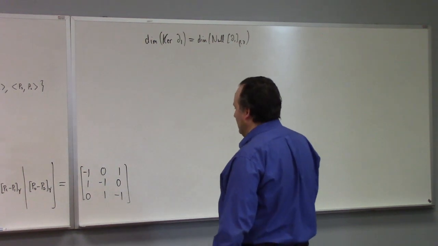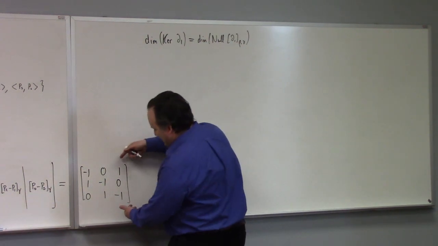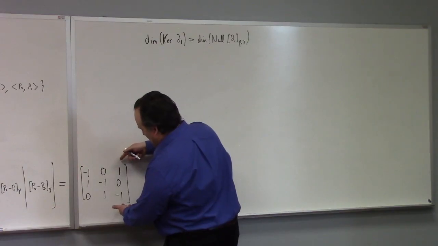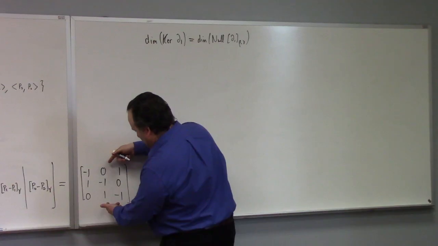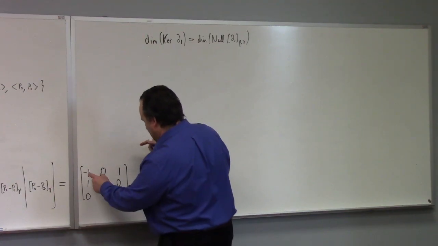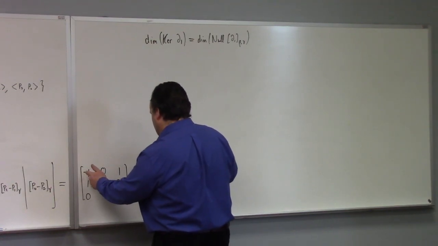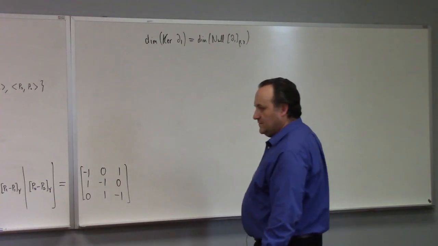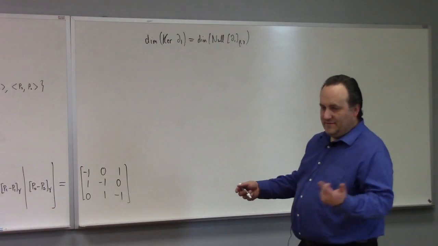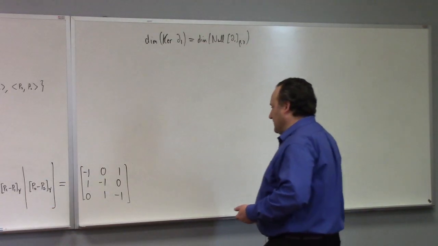No, this is definitely not invertible because if I add minus the first row to minus the second row, I get the third row, I think. Yeah, it's zero determinant. It's linearly dependent.